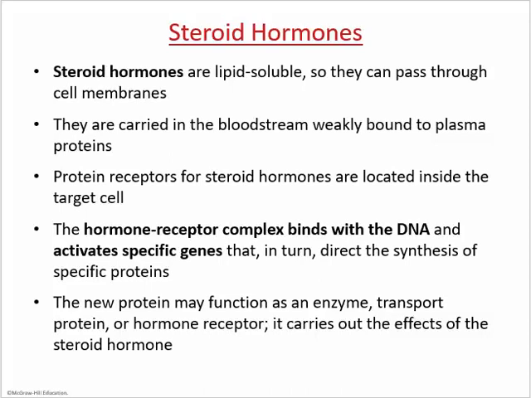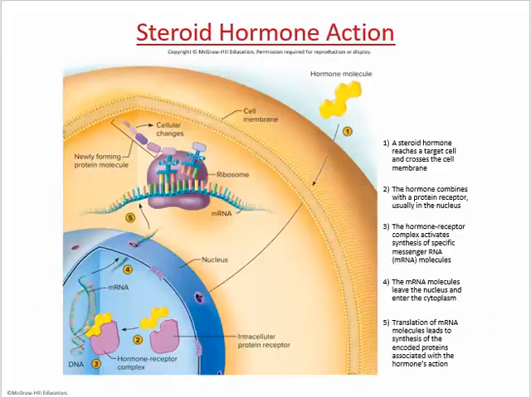The hormone binds with the DNA and activates the specific gene that directs specific proteins to be synthesized. And then that could be an enzyme or anything else. So it can basically turn on chemical reactions by making enzymes, etc. So the steroid hormone goes directly through the cell membrane and targets at the nucleus.